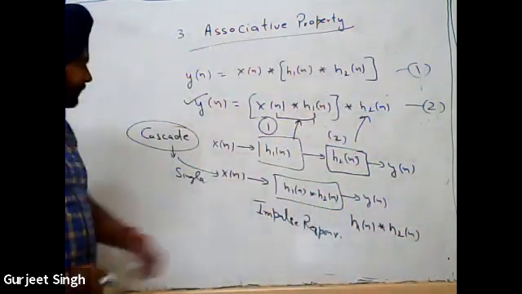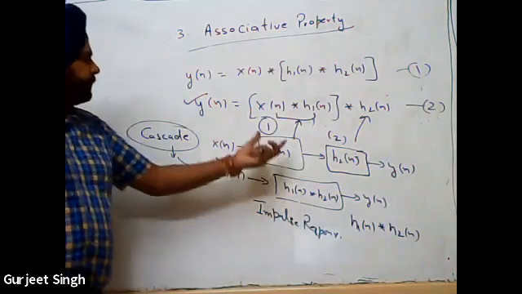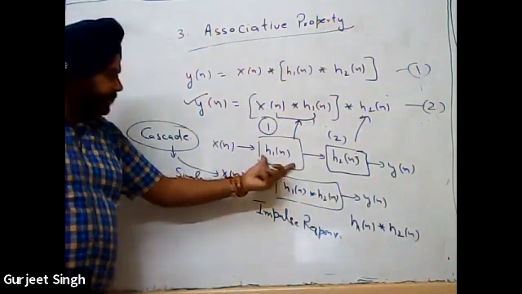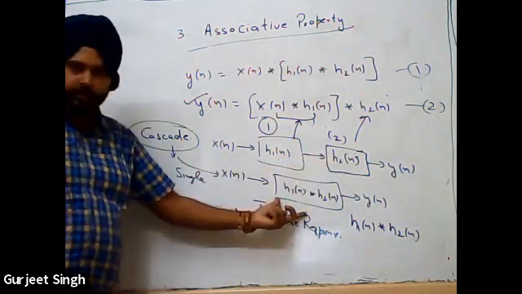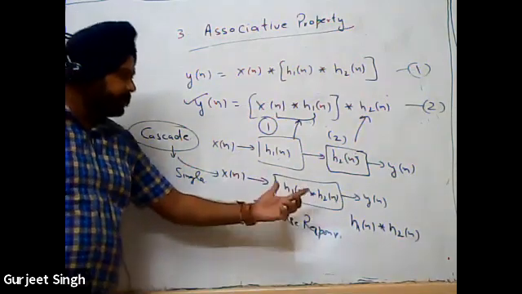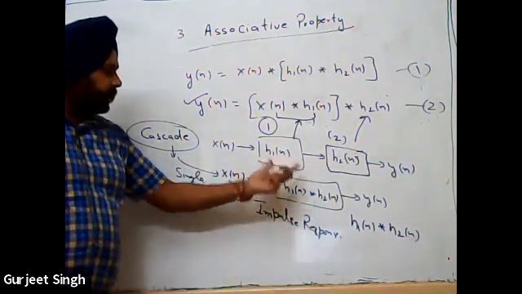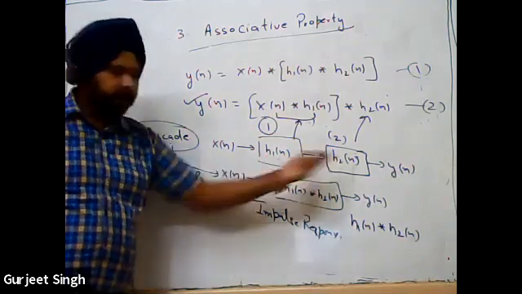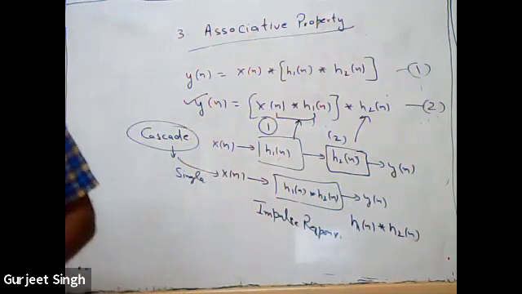So using the associative property we are replacing these two systems by a single system, but the impulse response of this single system is the convolution of h1[n] and h2[n].